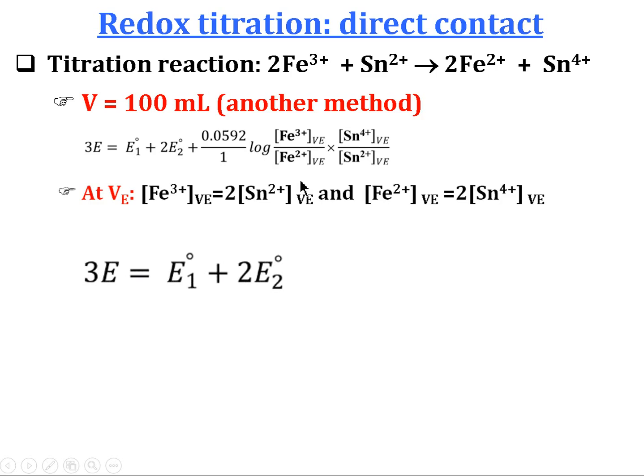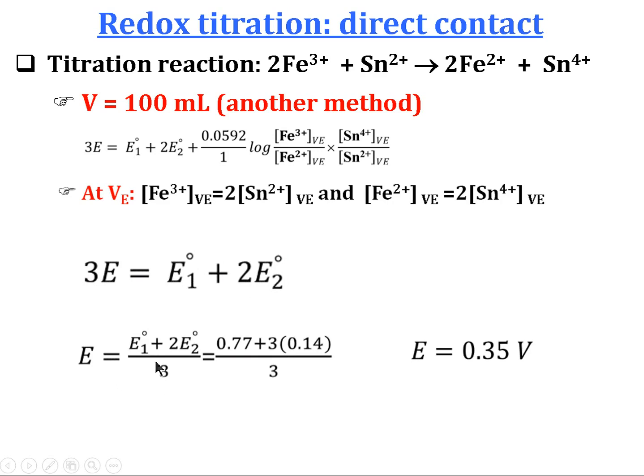So log 1 equals 0, and in this case we have 3E equals E01 plus 2E02, and therefore E equals 0.35 volt.